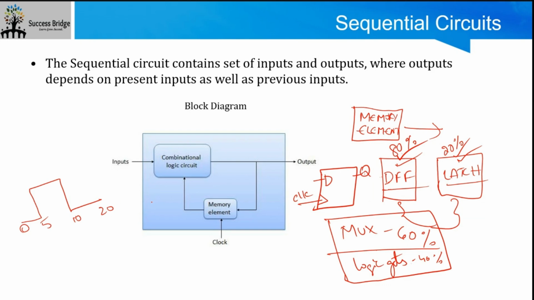Okay, so it would be a proper clock pulse. One clock pulse. Positive half cycle and negative half cycle.